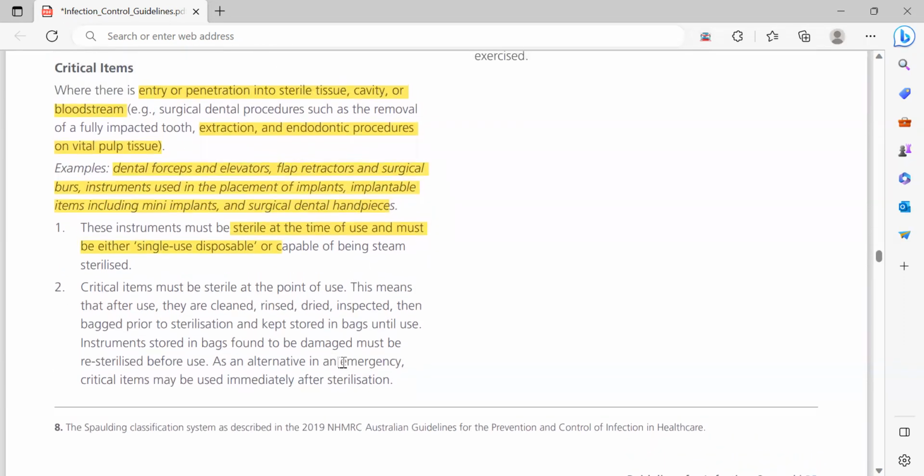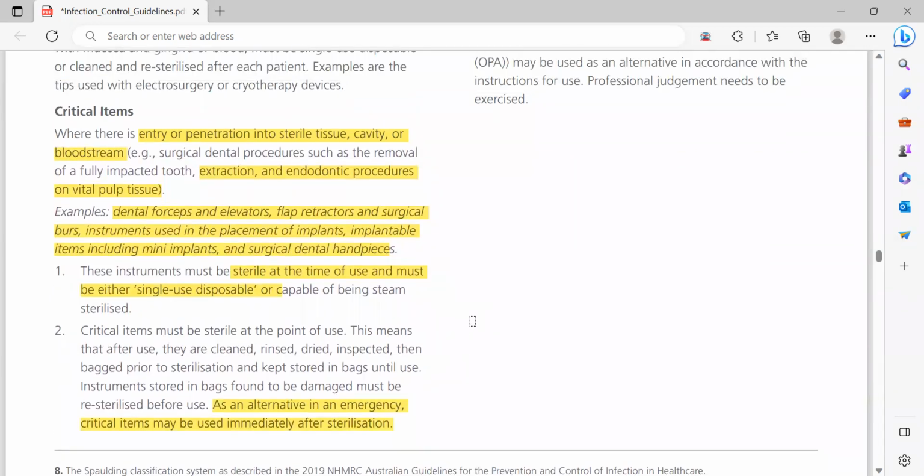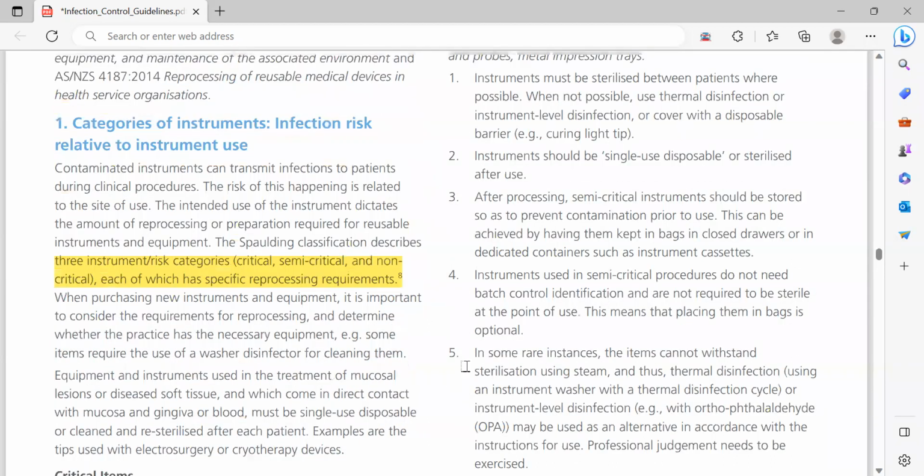Okay, as an alternative in an emergency, critical items may be used immediately after sterilization. You can just sterilize them and run cold water on them so that they become a bit colder, because after sterilization instruments are generally hot, and then you can use them in the emergency situation.